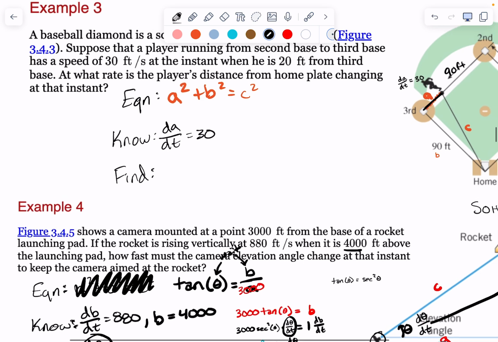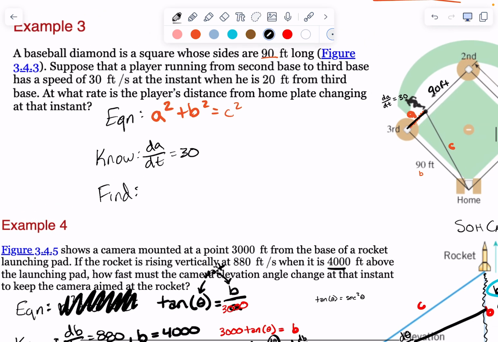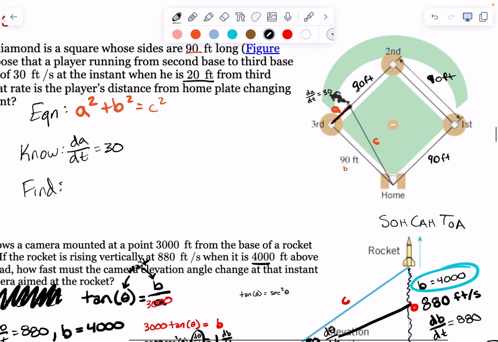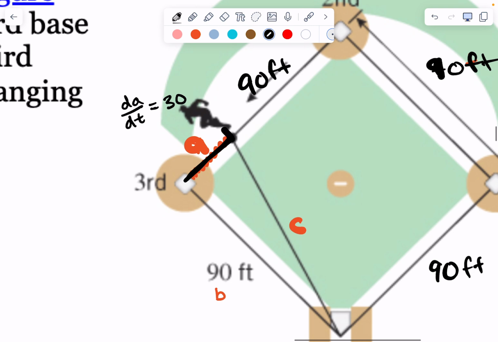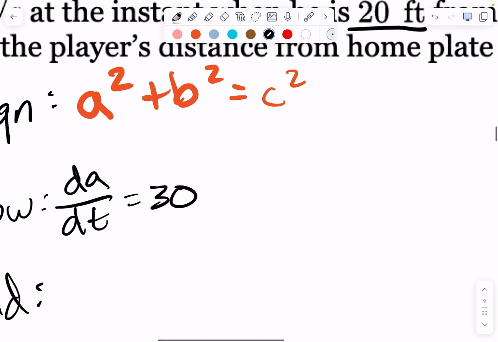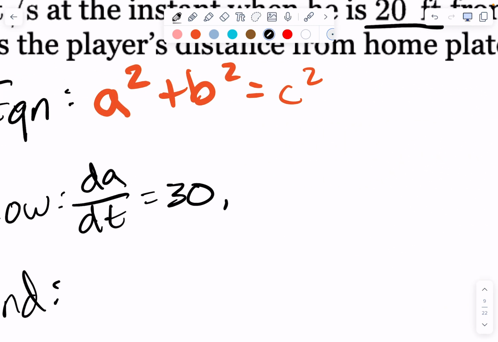We know that at the instant when he is 20 feet from third base. So if he is right here and that is 20 feet from third base, that means A is 20. I'm going to put that in as another thing that we know. A is 20.